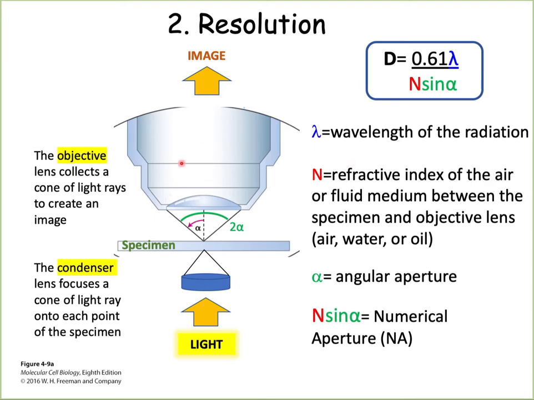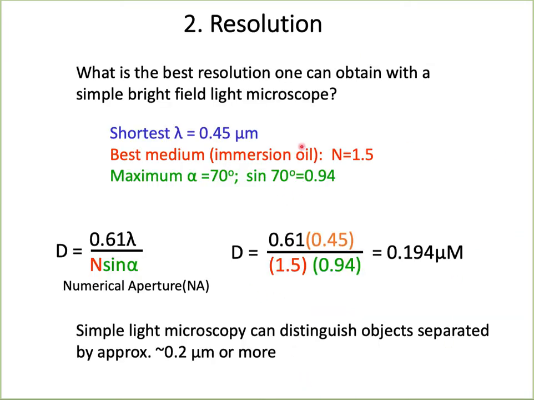So let's do a simple calculation. What is the best resolution you can obtain from a simple Brightfield microscope? The best maximum angular aperture you can get today is 70 degrees. As previously mentioned, the shortest wavelength of light is about 0.4 micron, and the best medium, the immersion oil, has a refractive index of about 1.5.